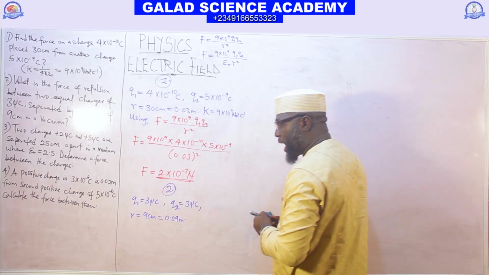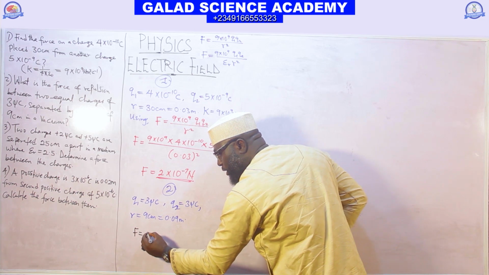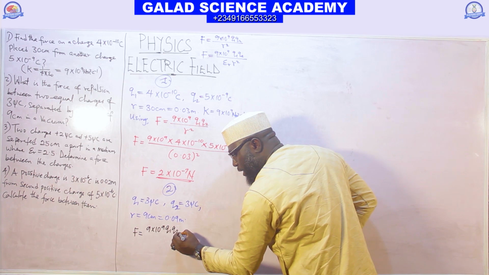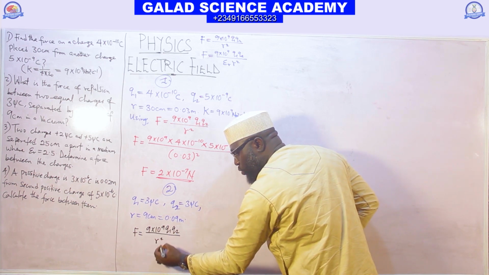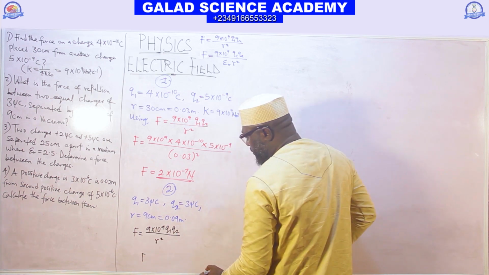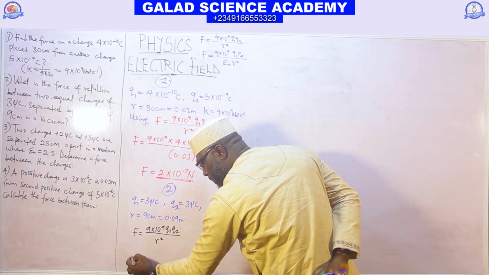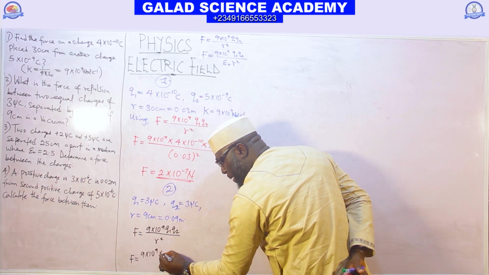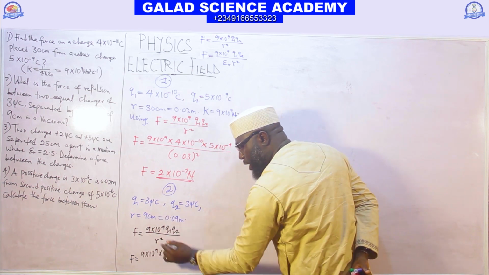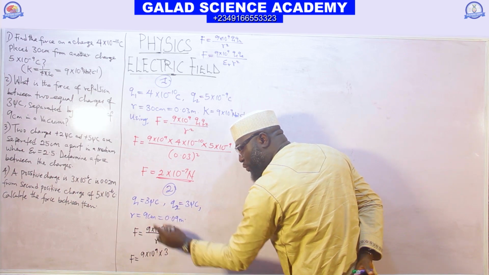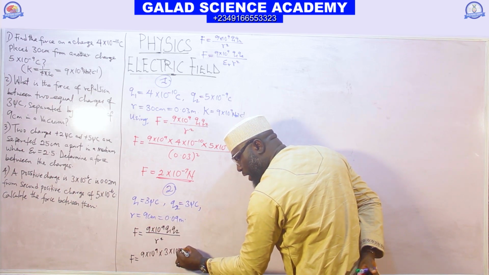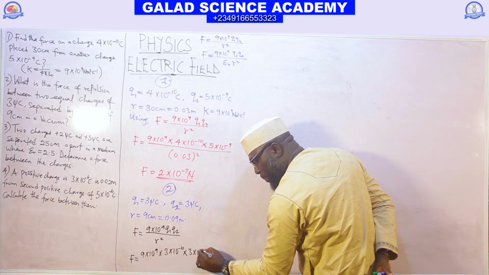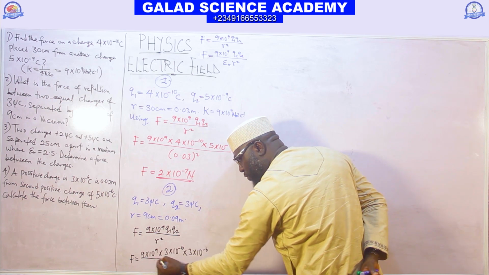By using the first formula, we have our F should be 9 times 10 raised to power 9 Q1 Q2 over R square. You now have the force F here: 9 times 10 raised to power 9 multiplied by Q1, which is 3 microcoulomb, meaning 3 times 10 raised to power minus 6, multiplied by Q2, 3 times 10 raised to power minus 6, everything over R square.